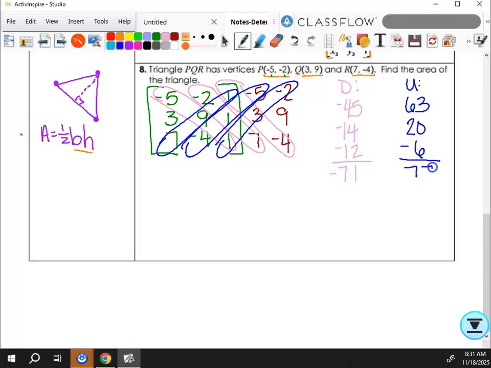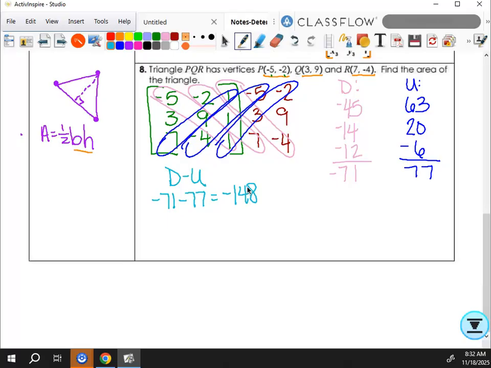So positive 77, I believe. So then when I go to find the determinant, it's down minus up. So that's negative 71 minus 77. That gives me a negative 148.